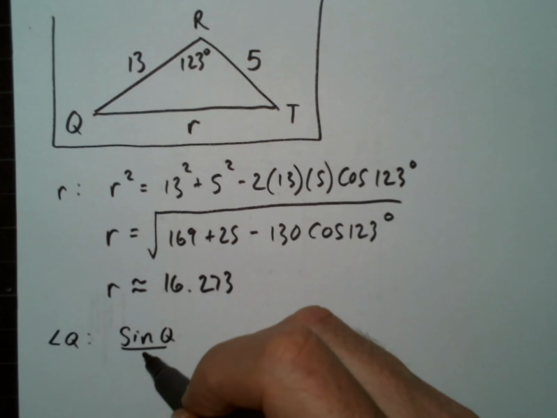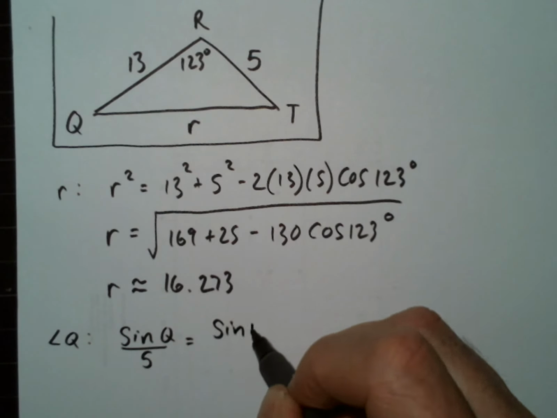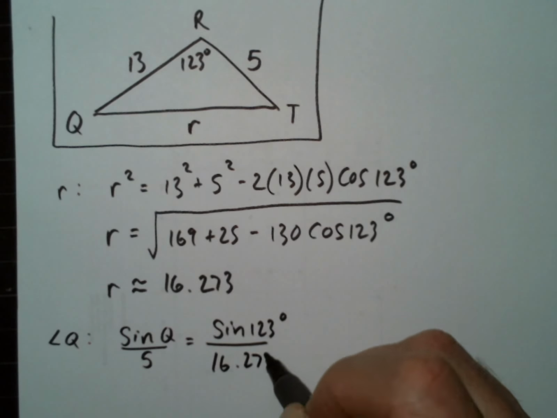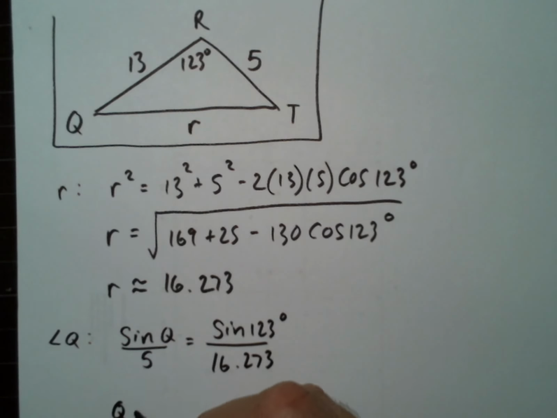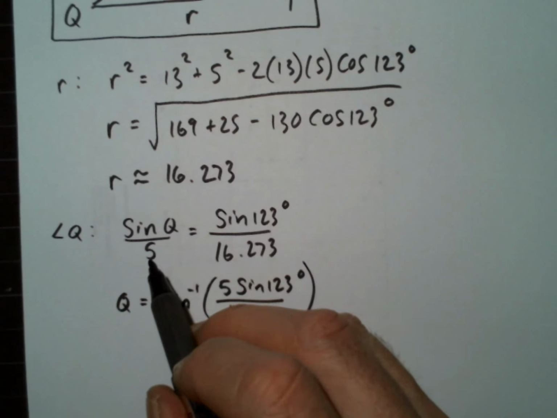Sine Q over 5 is sine 123 over R. So we multiply both sides by 5.